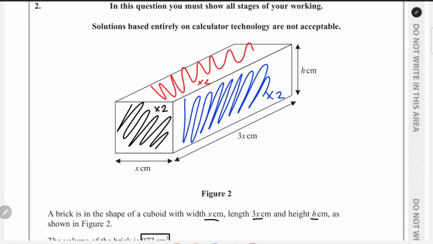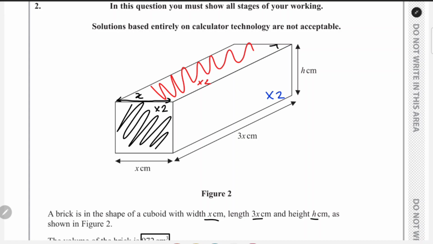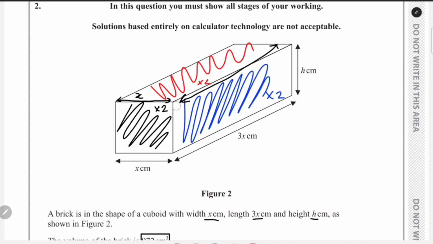For the red area, this part is x and this part is 3x. So the red area is 3x times x, and now we want to double it, so times 2. This is 6x squared. The blue area would be 3x times h.